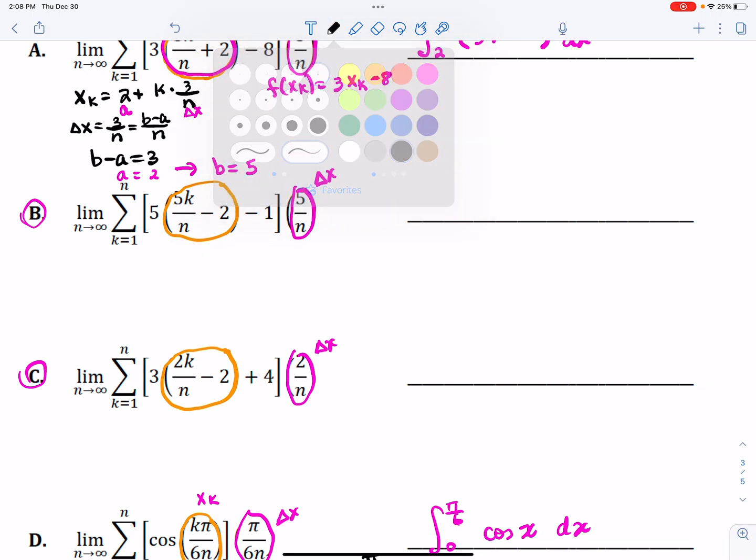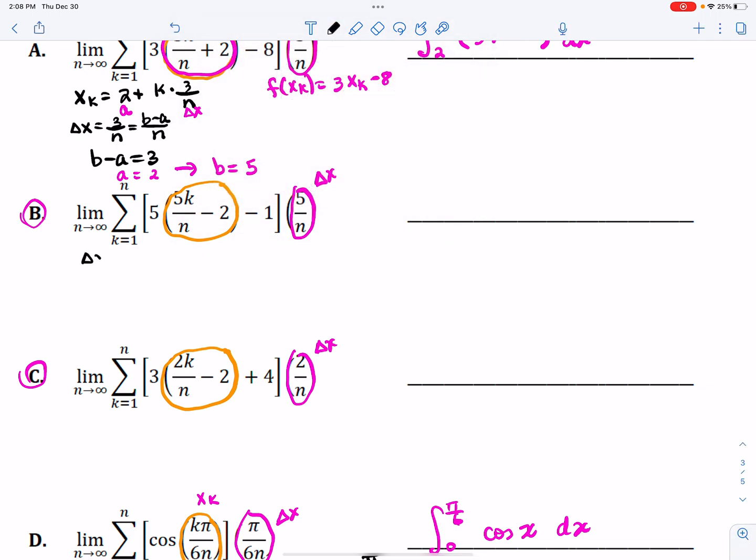In problem B, delta x is 5 over n, excuse me, I just wrote this wrong. 5 over n. So b minus a is 5. X sub k we rewrite as negative 2 plus k times 5 over n. It's in the correct format. That means a is negative 2.